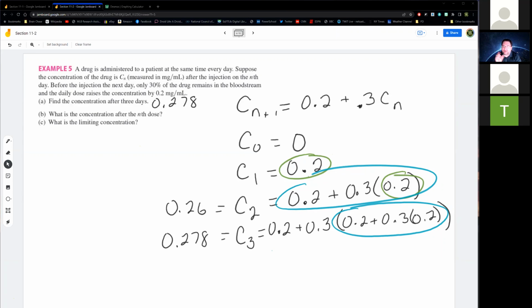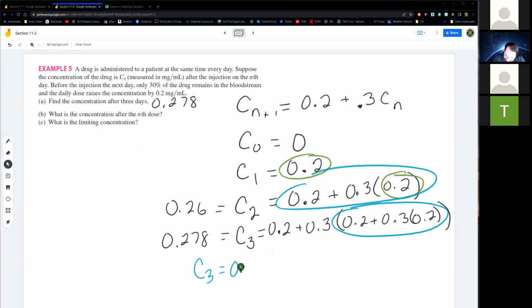So there's a reason I'm writing it out like this though, because remember, the next piece is we want to find the equation so I can find out any day. We want to go to the nth term without having to write it all out. So I'm going to make one little change to how C3 is written.